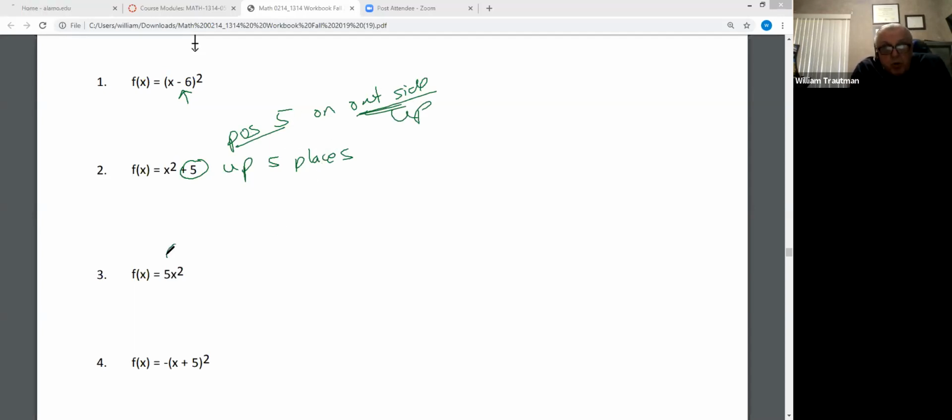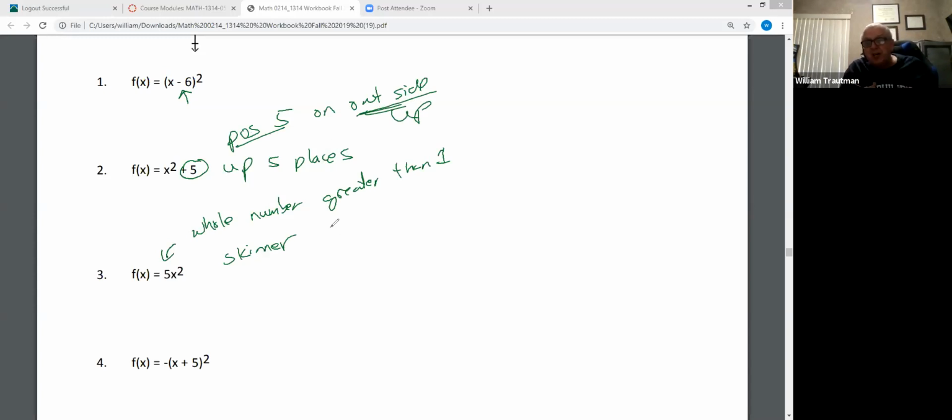A whole number greater than 1 makes it skinnier. Or we can say it, what did we call it? We stretch it up.